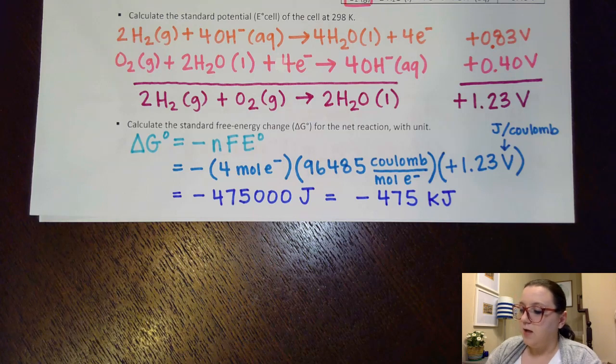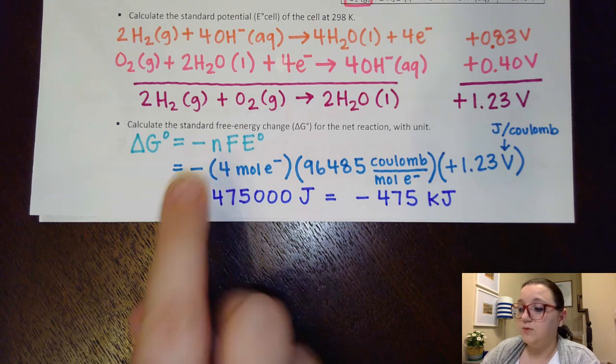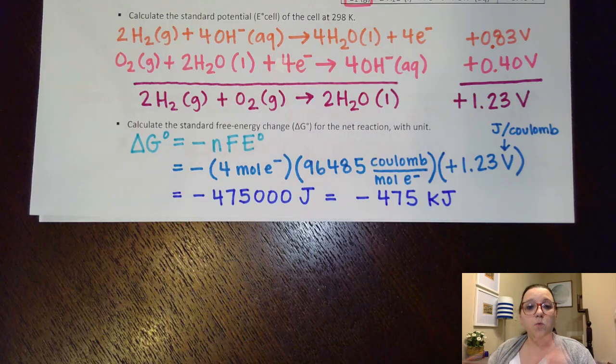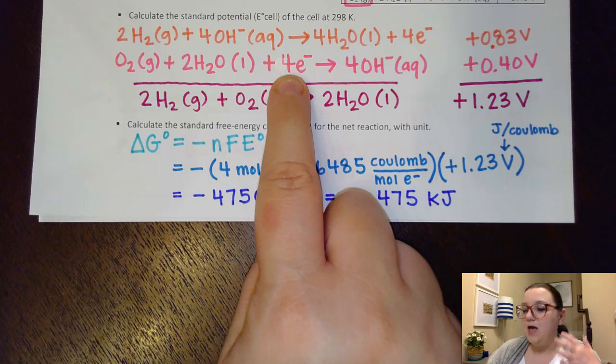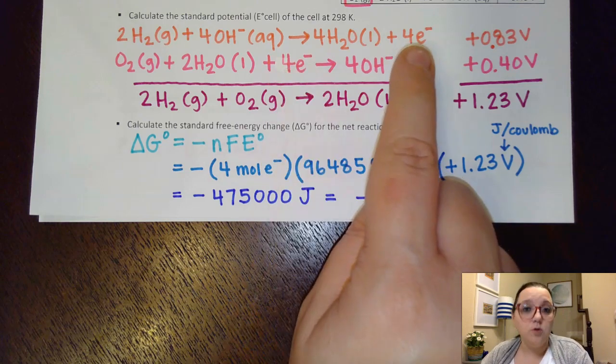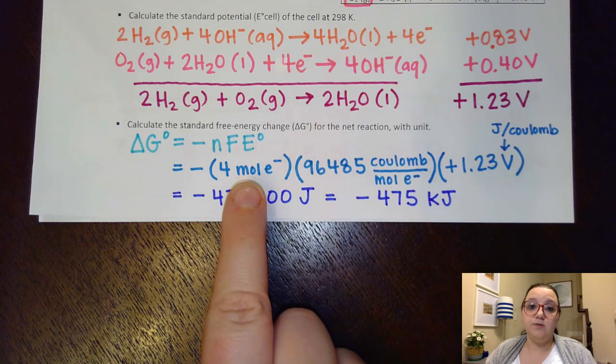So first off, the negative number of moles here is going to be the number of moles of electrons that was exchanged up here. Now, when I had this all balanced, remember, there were 4 electrons that were gained and 4 electrons that were lost. That 4 electrons is what goes in here.